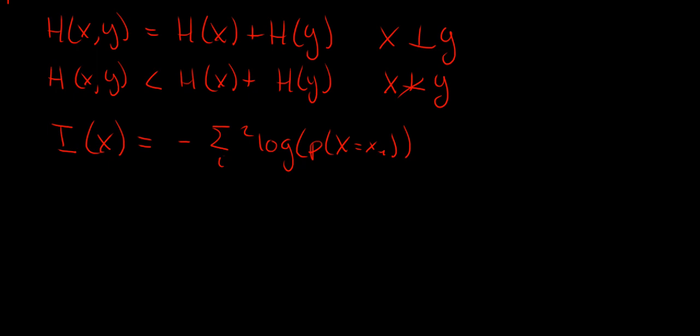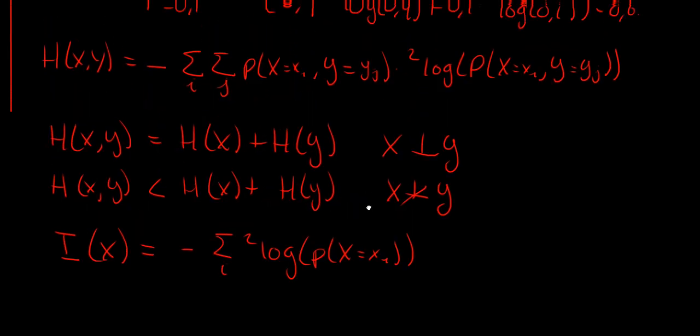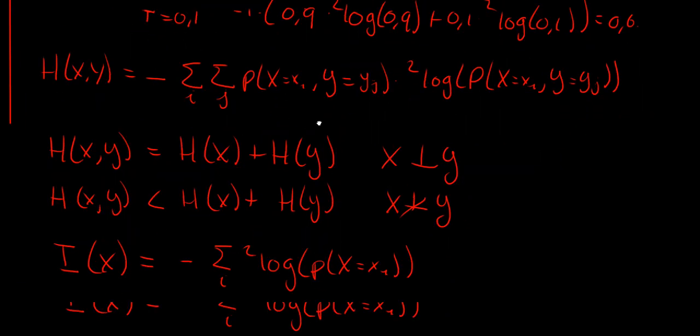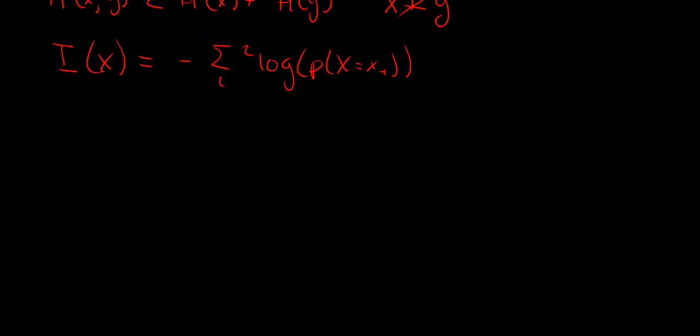You remove the multiplication with the probability itself. If you look at the entropy, we said that everything had to be multiplied with its own probability. For information that is not needed.